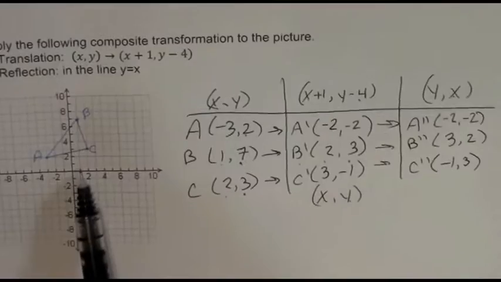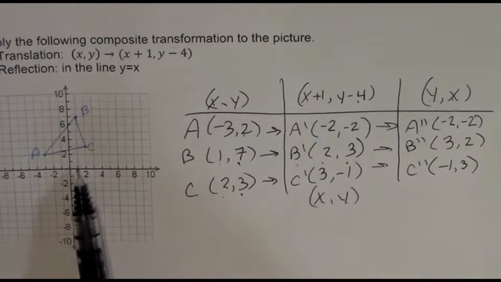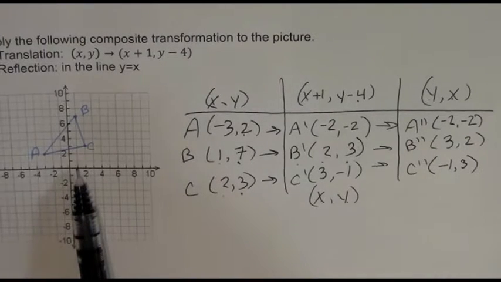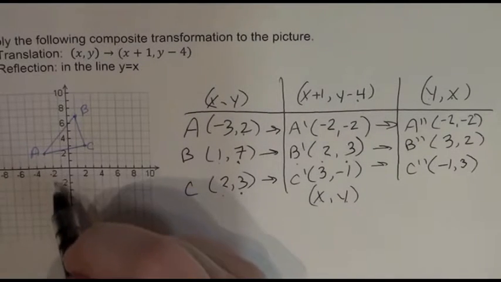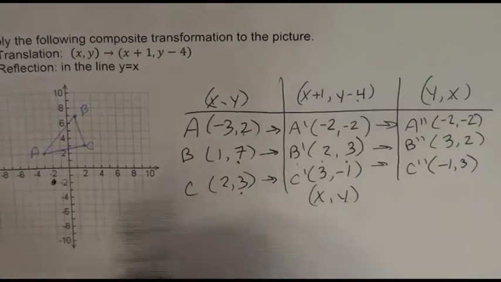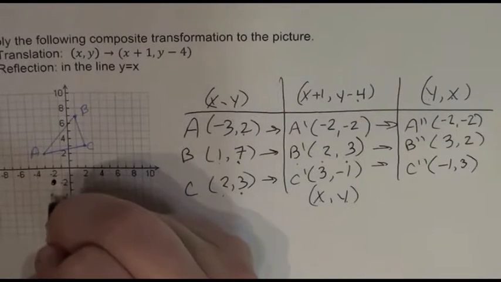However, we were given the picture to start with. So we are expected to actually graph it when we're done. So (-2, -2), left 2, down 2, gives us A double prime.